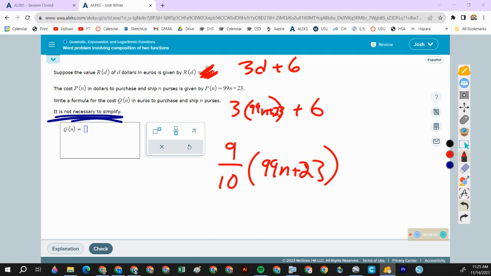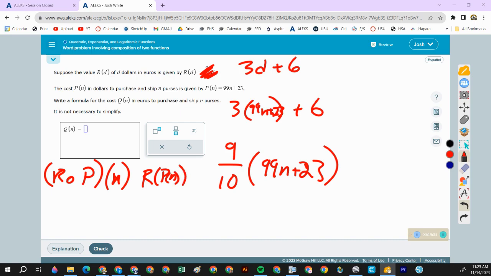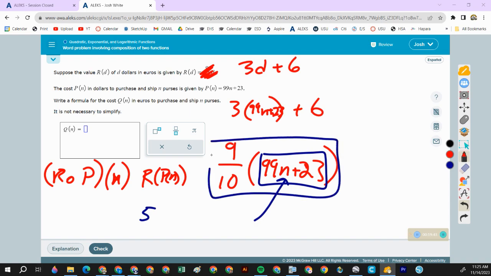Okay, so the tricky thing is, you have to figure out which one is first, and that one goes on the inside. So R composed with P means R with P of n on the inside. Okay, so if I did 5 purses, this would tell me how much those purses cost in dollars, and then this is going to tell me what it costs in euros.